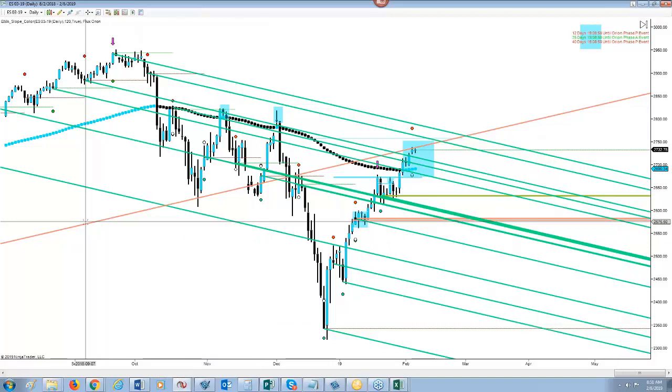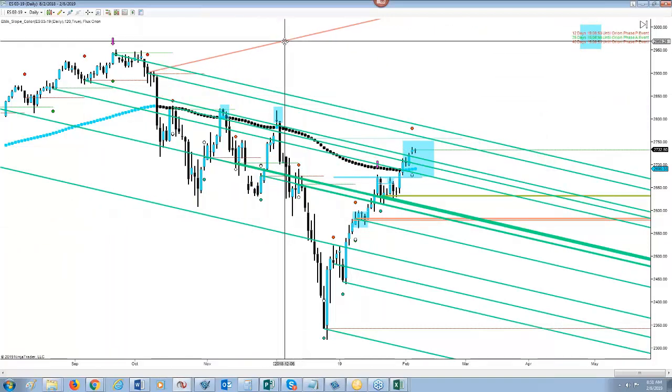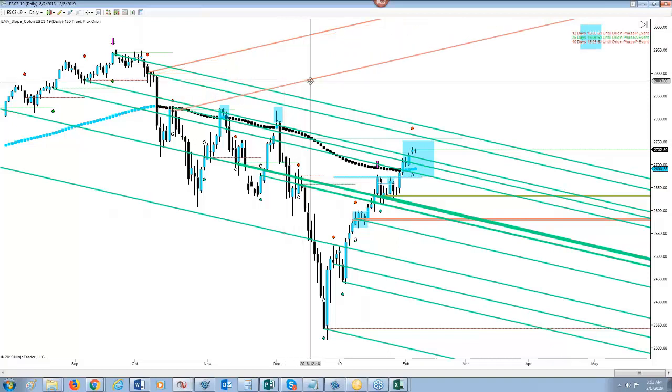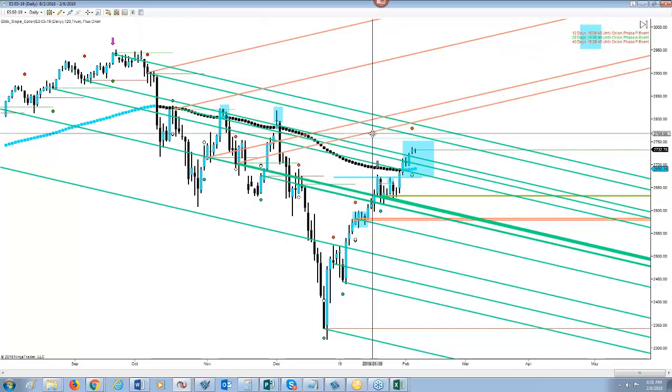Okay, I guess what we're going to do on this side, everywhere there is a signal, we're going to put a sister line extending up to the right.